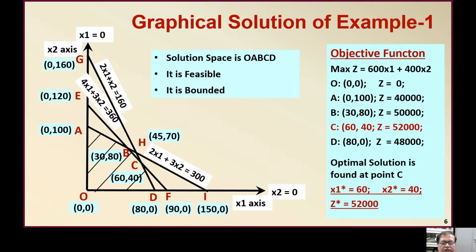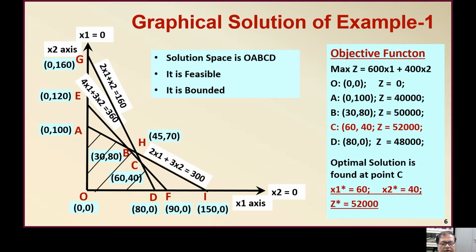Is it okay? So this would be a convex solution space, and therefore the corner points of this feasible solution space, which can be called corner point feasible solutions, which are O, A, B, C and D, are candidates for the optimal solution, where the objective function shows the maximum possible value.